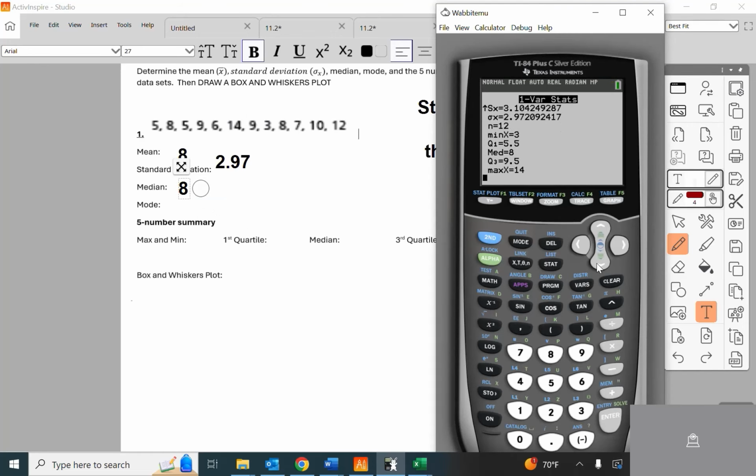I don't think it'll tell you mode. It won't. So mode is the number that occurs most often. I see two 8s. I see two 9s. You see anything else? Two 5s. This thing is multimodal.